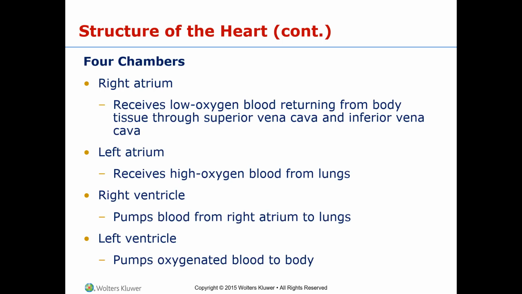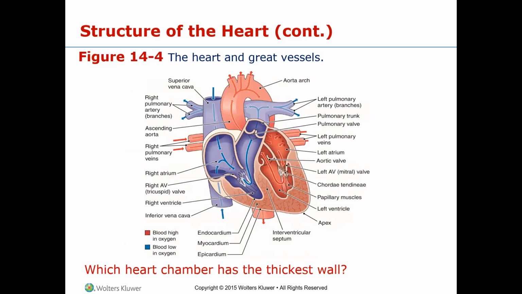And then the left ventricle will be receiving that blood from the lungs, which will be oxygenated, and then it gets pumped out through the aorta to the rest of the body. So if we look here at the heart and all of the great blood vessels.